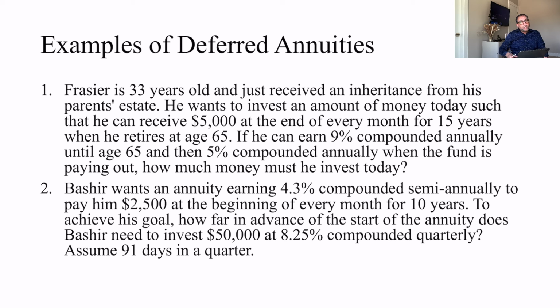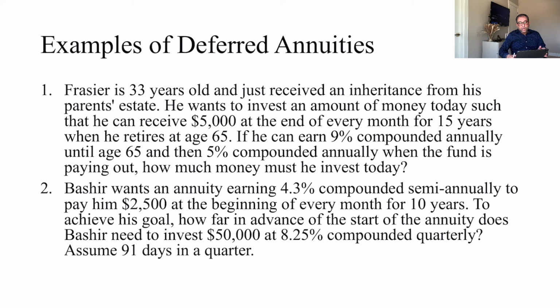So it's a two-stage annuity, but we start with the second stage first, because we want to know how much money should be in the account when he is age 65 so that he will be able to get $5,000 at the end of each month for the next 15 years.